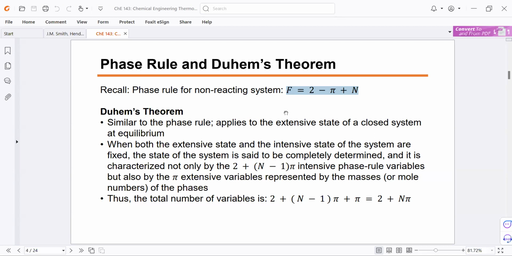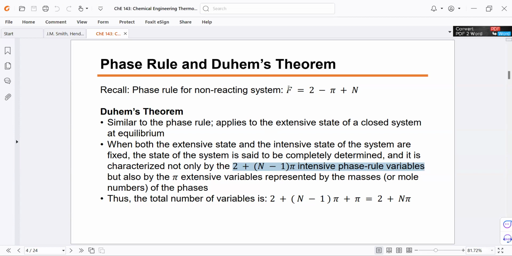So if we consider both the extensive and intensive state of the system and we fix that, the state of the system is said to be completely determined, or we can completely describe the state of the system. Therefore, it's not only characterized by the intensive phase rule variables, which is this one, but also the extensive variables.